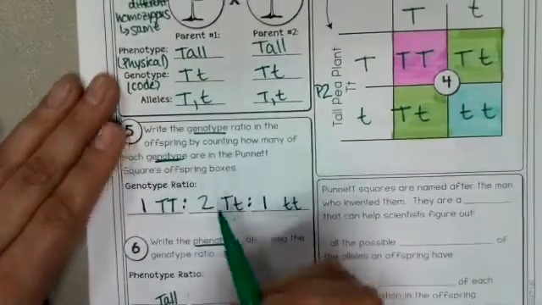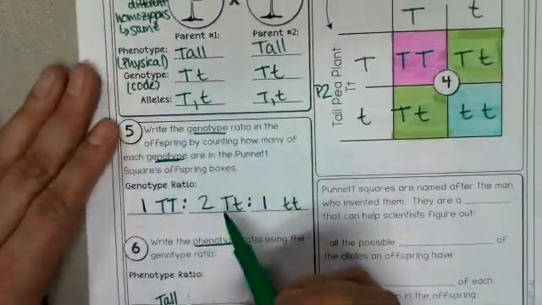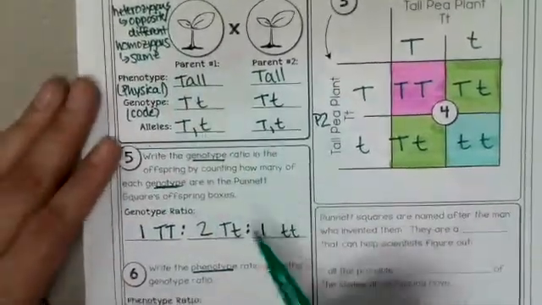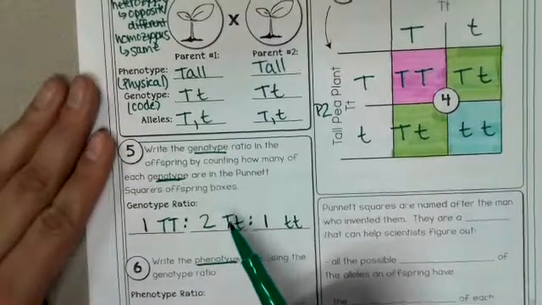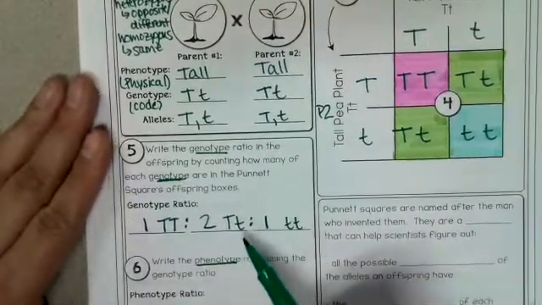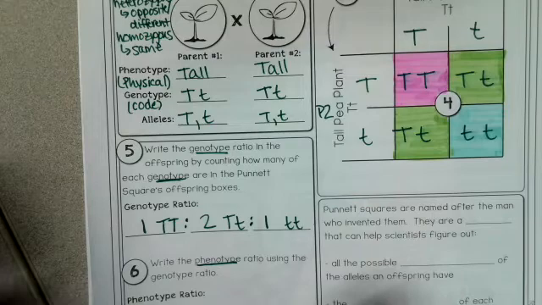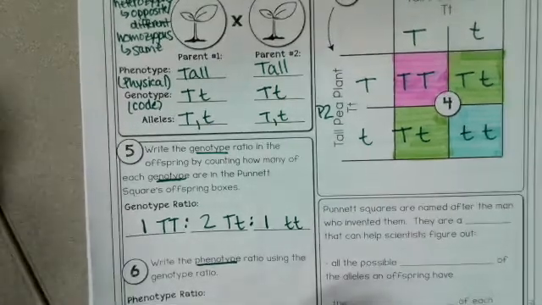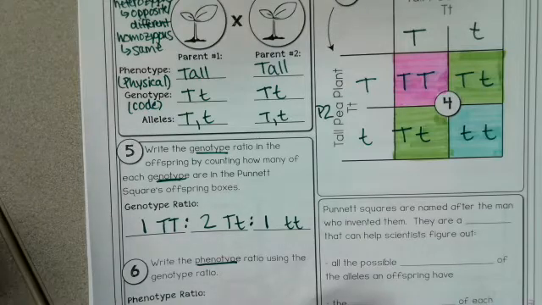Let's look at our next type of babies, these heterozygous babies. What we know about heterozygous babies is that we have opposite or different alleles, and we will always have a dominant and a recessive allele. Literally, the definition of dominant is that it will always appear in the presence of a recessive allele.